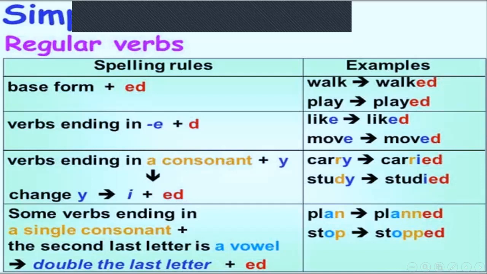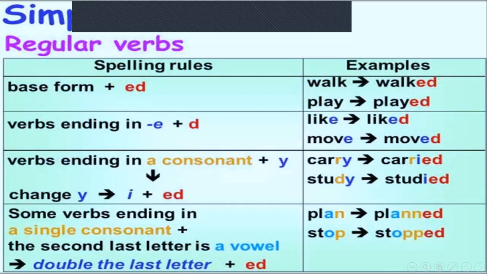Excellent, it is a consonant letter. Also, after D, we use letter Y. This verb ends in consonant plus Y: study, studied. In the past, we delete Y and add ied.